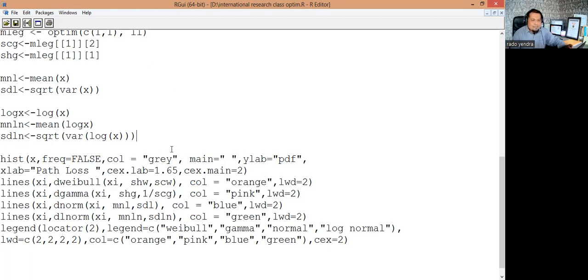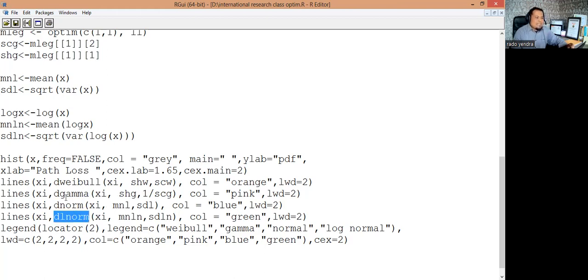After that, we must make the comparison for the four models. Which one is the best? We use the density plot. For the density plot, of course, we must create the histogram of the data. Then after the histogram, we make the density Weibull, then the density gamma, then the density normal, and then the density log normal.